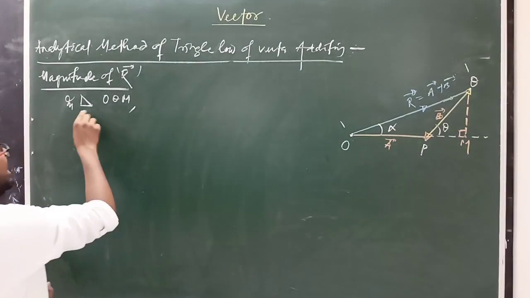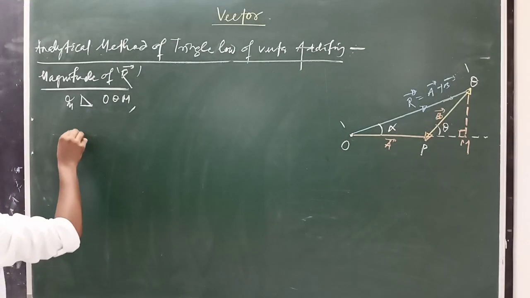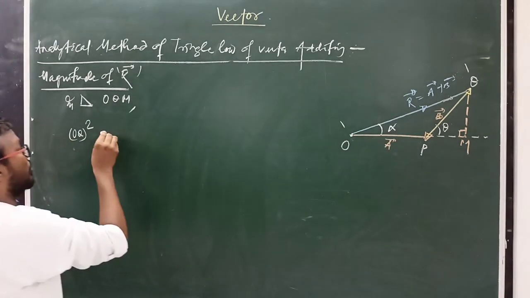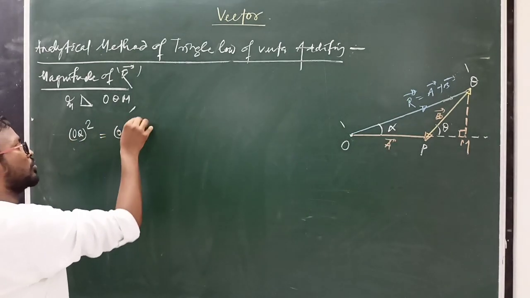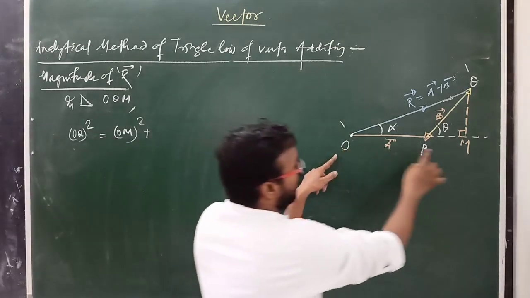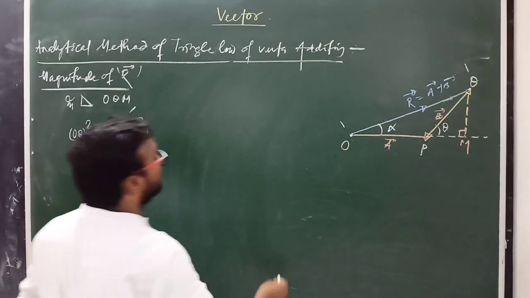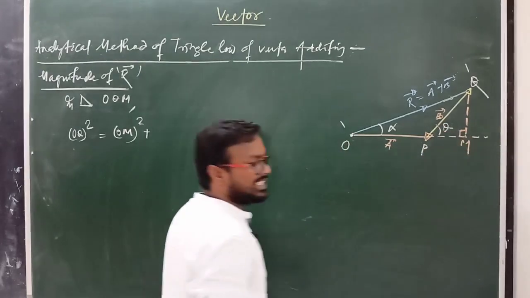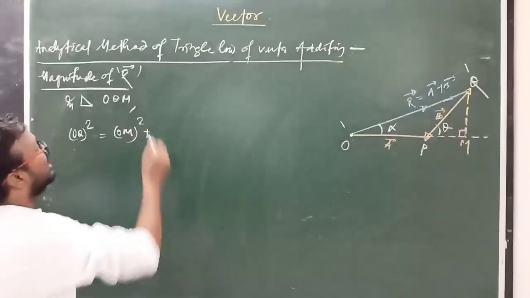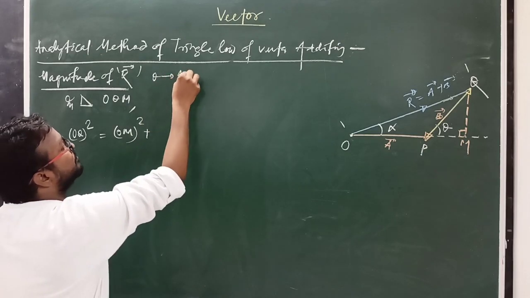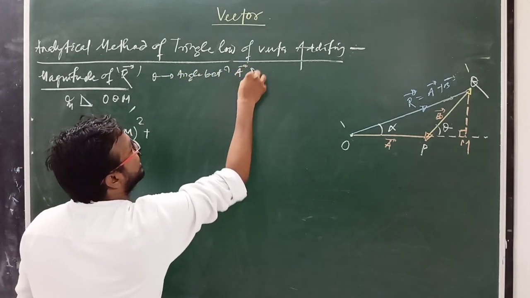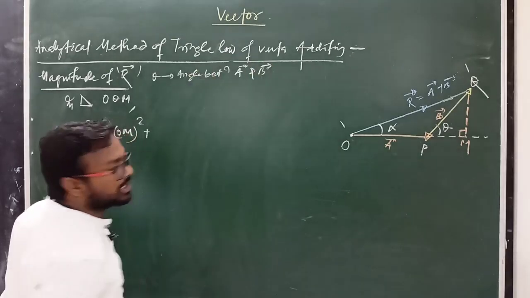So in right angle triangle we can write OQ square equal to OM square plus MQ square. This is not theta, this is Q, and this is theta. What is theta? Theta is the angle between A vector and B vector.